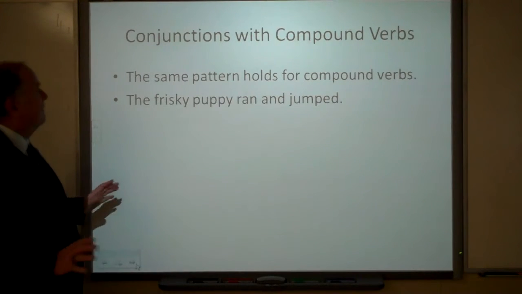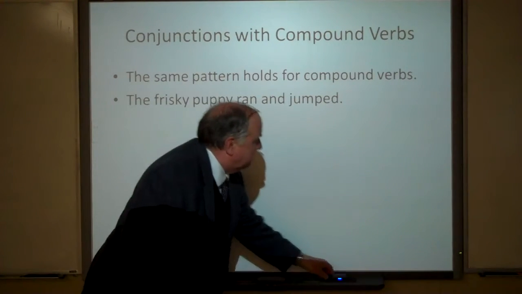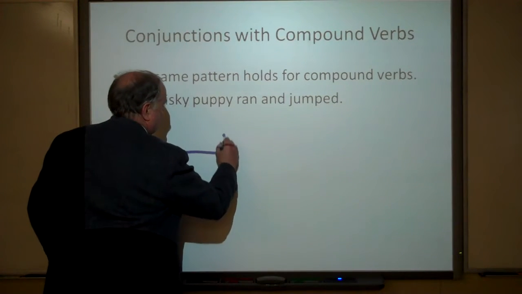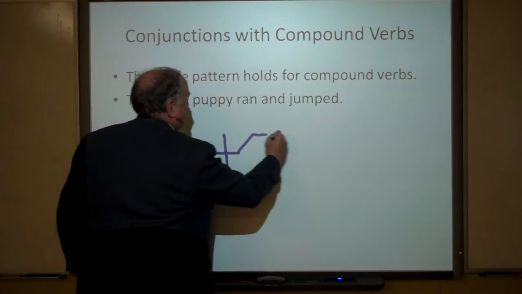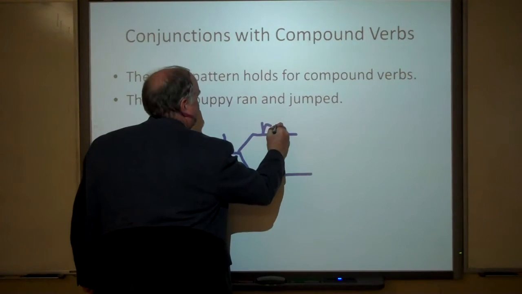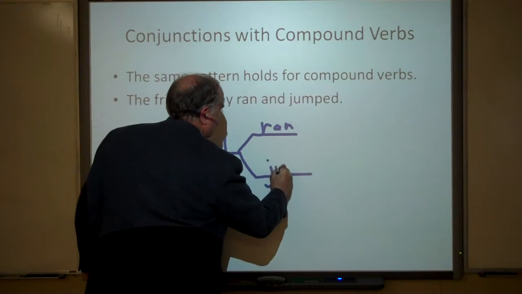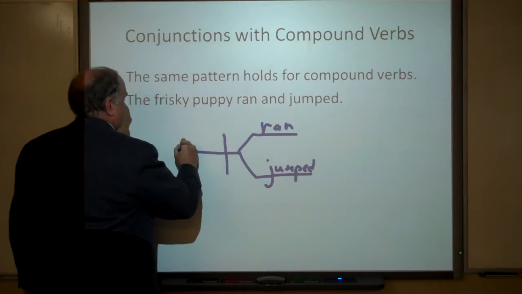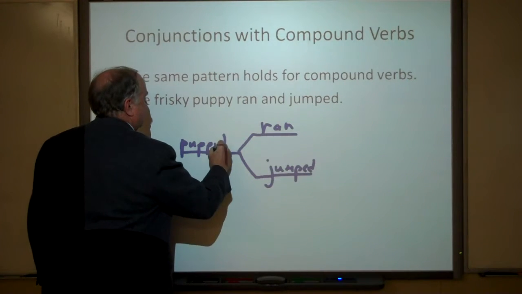The same pattern holds for compound verbs. So here we have: the frisky puppy ran and jumped. In this case, the verb is compound, so we split the verb line like that. Ran, jumped. Puppy is the subject.